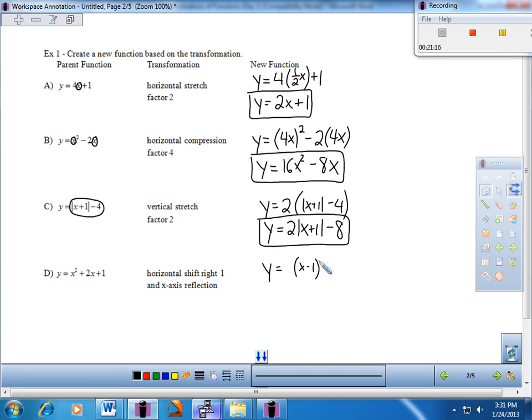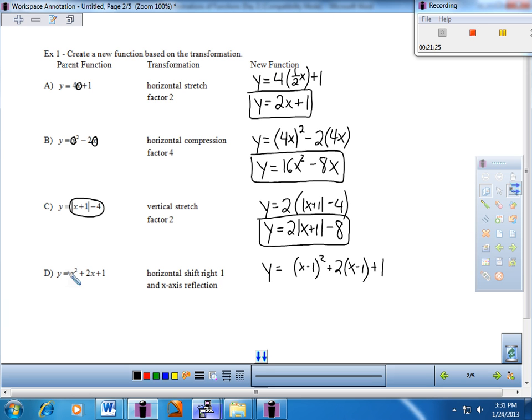So instead of x squared, it becomes x minus 1 squared. Instead of 2 times x, it's 2 times the x minus 1. So that right there would make the graph of this function move 1 unit to the right. I hope everybody remembers that from yesterday.